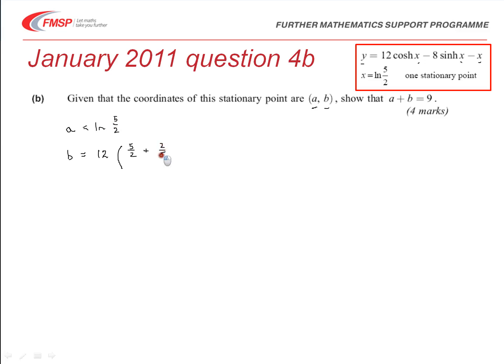So that will become 2/5 all over 2. And then we got minus 8, and again it's e to the minus x, so that's 5 over 2, and now this is minus e to the minus x, so this will become minus 2/5 all over 2.